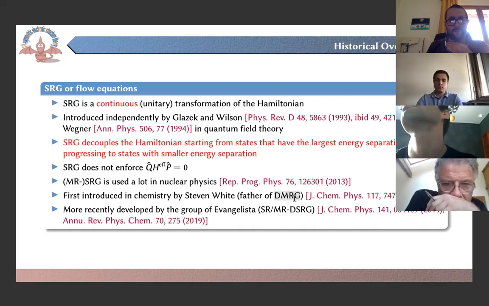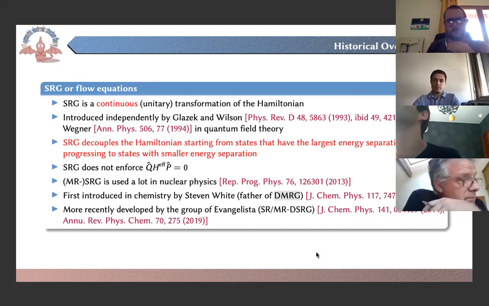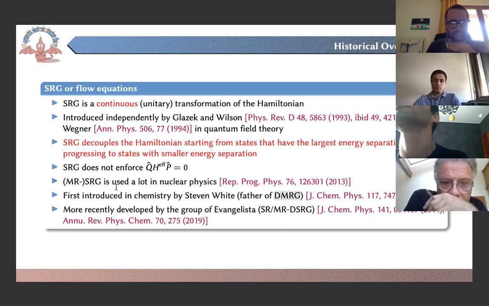So there's probably a reason for this. And in chemistry, I think 2014 was the first paper, it's been developed by the group of Evangelista in Atlanta. Okay, and here is a review, by the way. And here is the first paper that he did actually, which is quite nice.